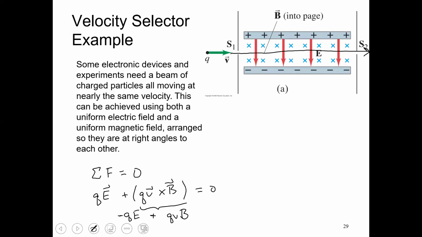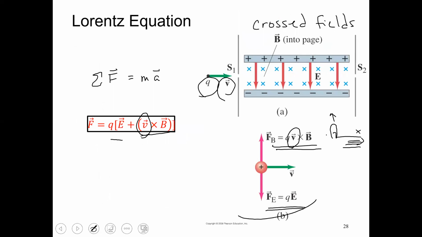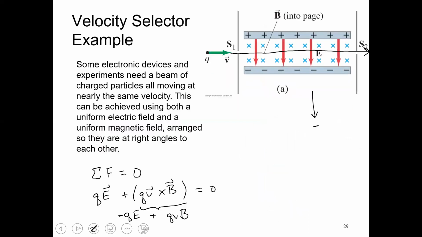And you might decide that, say, downward is your negative direction, right? So what I'm doing here is I'm using the same kind of explanation we had over here, with our force due to the magnetic field being in the positive direction, and our force due to the electric field being what I'm defining as the negative direction. That's where the sign change comes from.